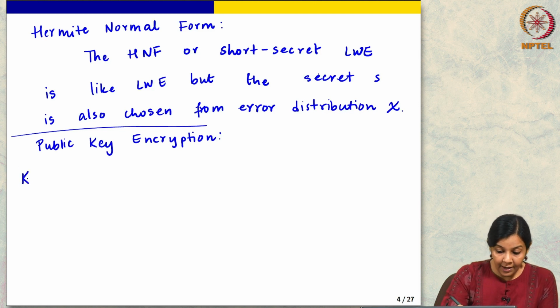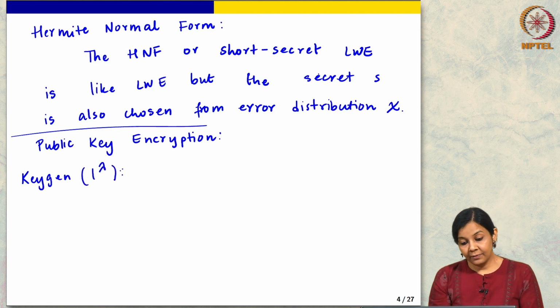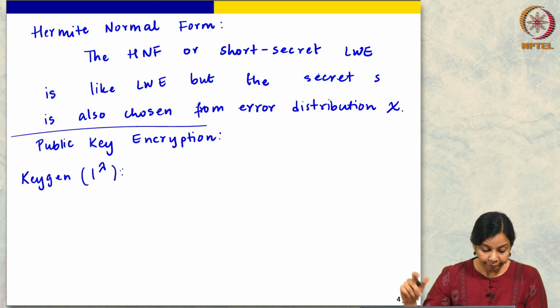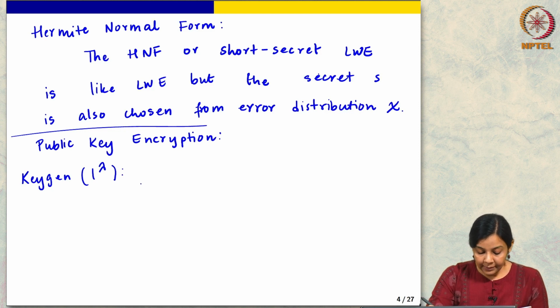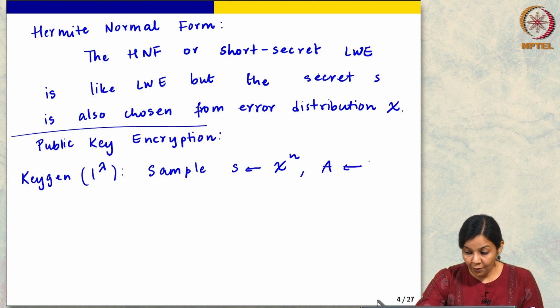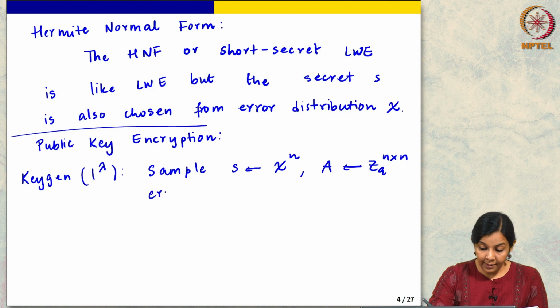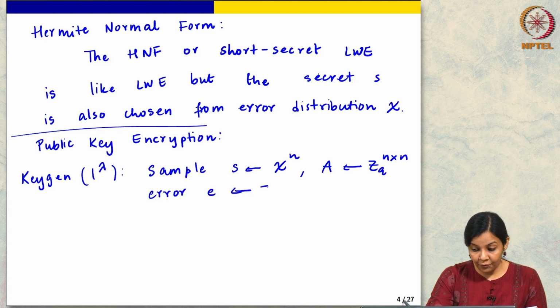Okay, so we have our keygen algorithm first. Remember, this takes a security parameter lambda, and sample S from chi to the n, A uniformly from Z_Q, let us think of it as a square matrix, and error E also from chi to the n.